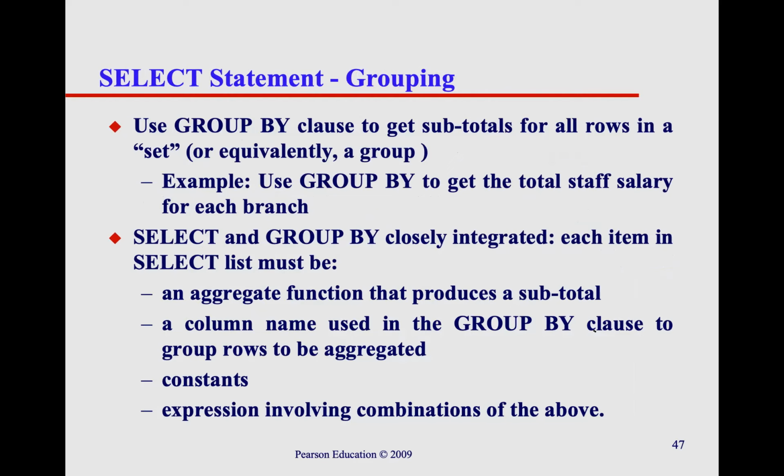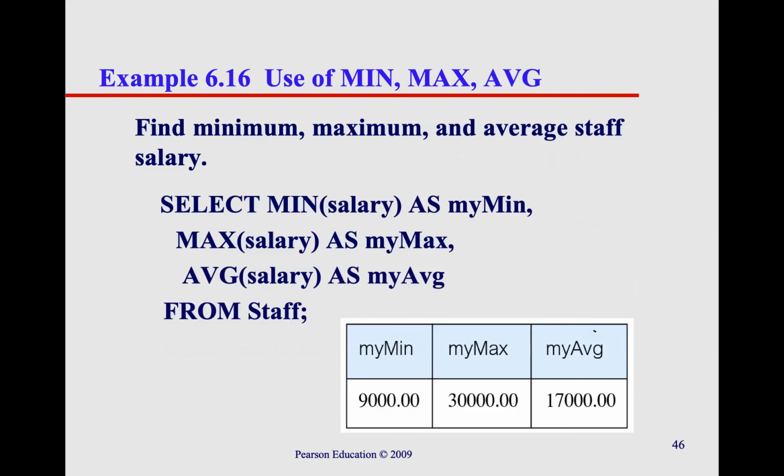Dr. Van den Zanden? Yes. Max and min on non-numeric, does it compare all characters? Does it go through the entire string? Yes. So the question is min and max on non-numeric data. How does it do it? It depends on the data type. If it's a string, it will do lexicographic comparison using all the characters in the string.